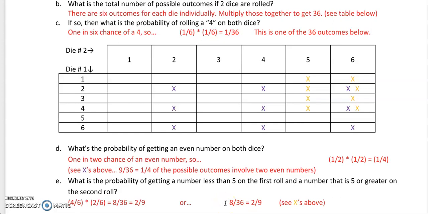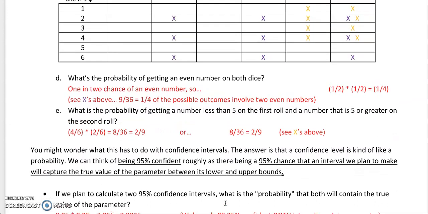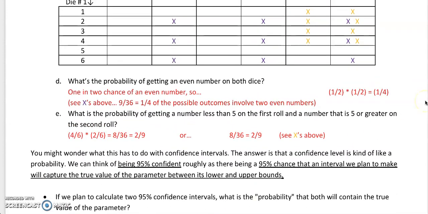So far, all I'm trying to convince you of is that this idea of multiplying the probabilities of independent events together actually can tell us how likely it is that both of those events will occur at the same time. And so why do we even care about this? The reason is, when we're talking about confidence intervals, you can think of a confidence level as being kind of like a probability.